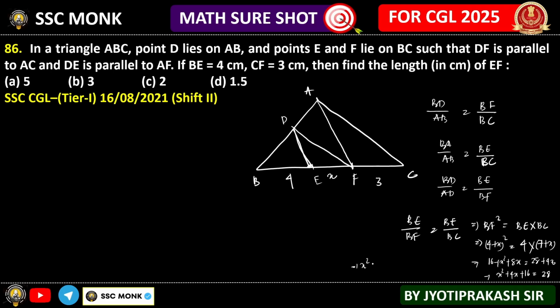Or X square plus 4X minus 12 is equal to 0. Or X square plus 6X minus 2X minus 12 is equal to 0. So (X plus 6)(X minus 2) is equal to 0. So the value of X can be minus 6 or plus 2. Minus 6 cannot be taken, plus 2 can be taken. So this value is equal to 2. Answer option C.